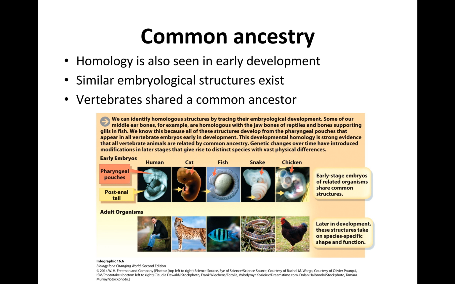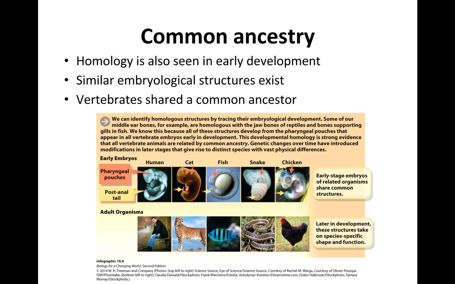Besides homology, we also look at early development, and similar embryo structures exist. So how embryos formed, we can take a look at those, and we all know that vertebrates share a common ancestor, therefore we're all related. Taking a look at some vertebrates, we have humans, we have cats, we have fish, we have snakes, and we have chickens.